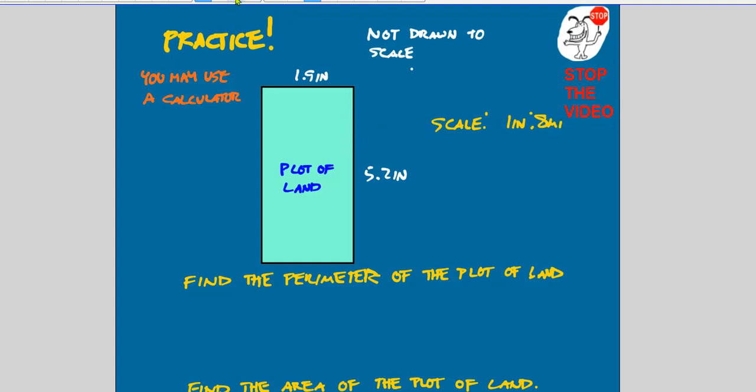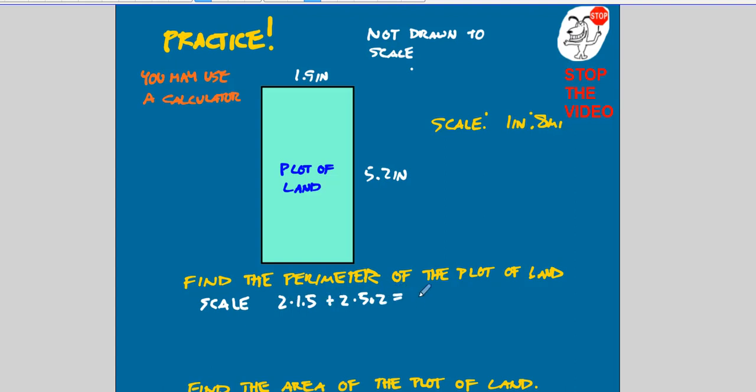Okay, so the perimeter is going to be, I've got for the scale, 2 times 1.5 plus 2 times 5.2.